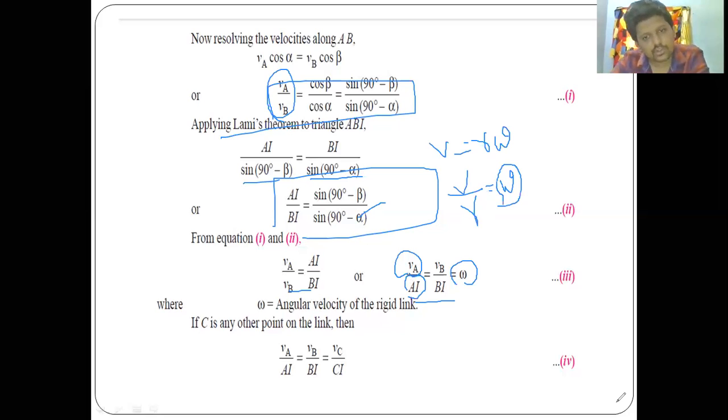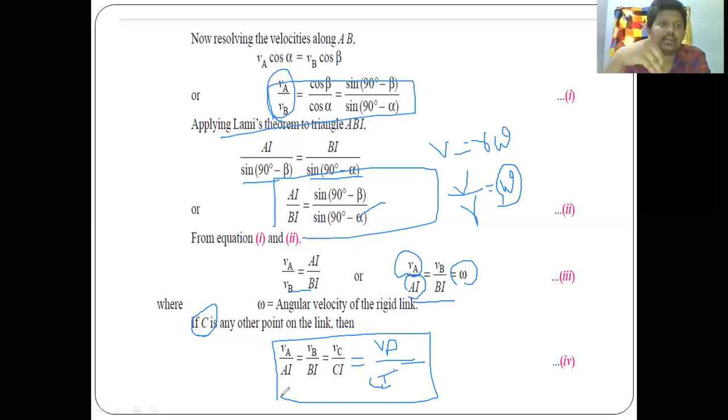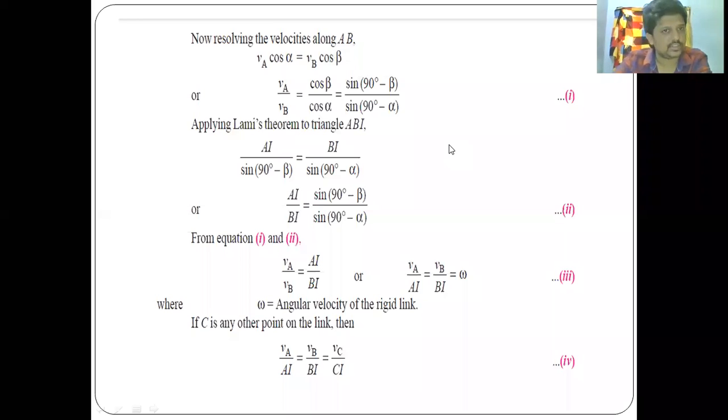If you also have any other point C here, you can write VC by CI. If you have any other point D, take it as VD by DI. If the number of points increases, the ratio or constant will be the same: velocity divided by the radial distance will always be equal to the angular velocity. This is what the instantaneous center is.